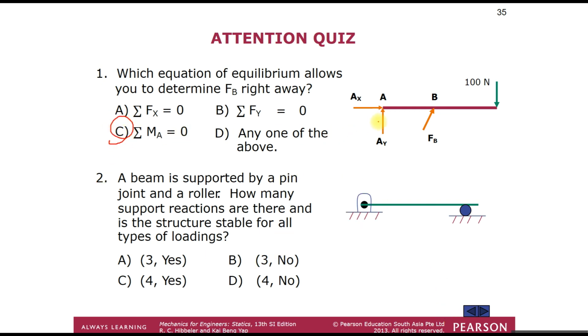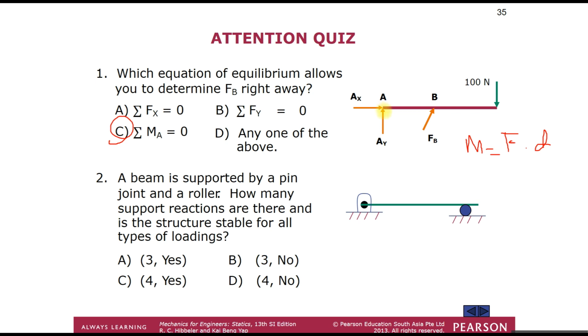We can solve straight away because when we consider moment at A, the forces acting at this particular point we can neglect. Remember the moment formula: the equation is always force times the distance.